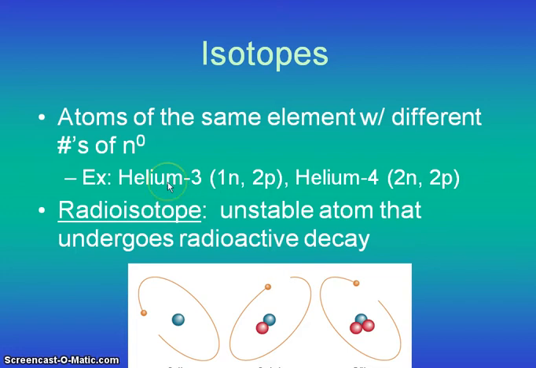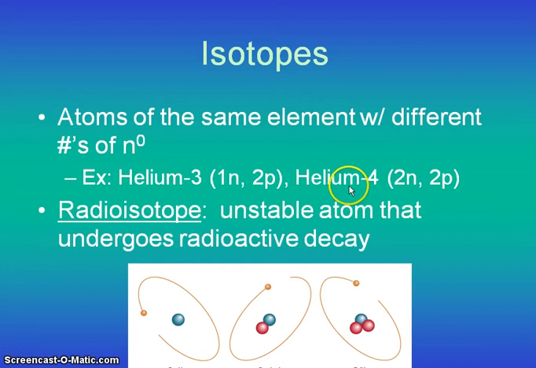So helium, if you look on the periodic table, has an atomic number of 2. That means that it will have 2 protons. So if this is the mass number of 3, then we can also decipher that there would only be 1 neutron in this type of helium. As for electrons, we know that there would also be 2 electrons because they would be equivalent to the protons.